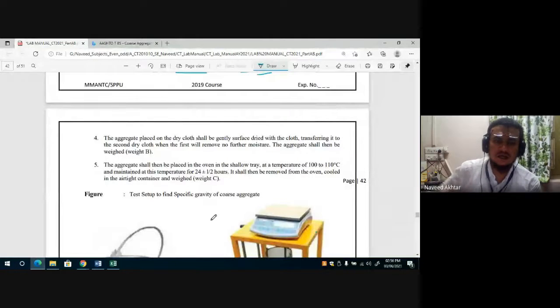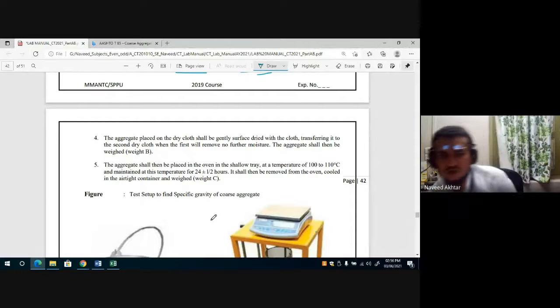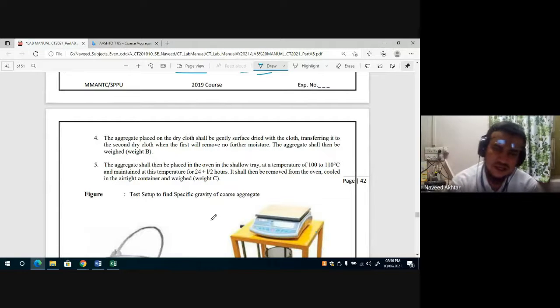Then the aggregate placed on a dry cloth shall be gently surface dried with the cloth. Transfer it to a second dry cloth. When the first cloth will remove no further moisture, the aggregate is then weighed, and that is nothing but D in the SSD condition.